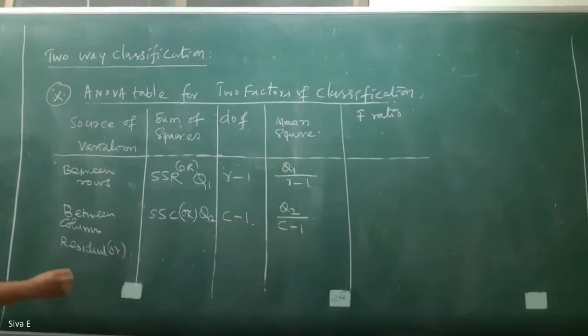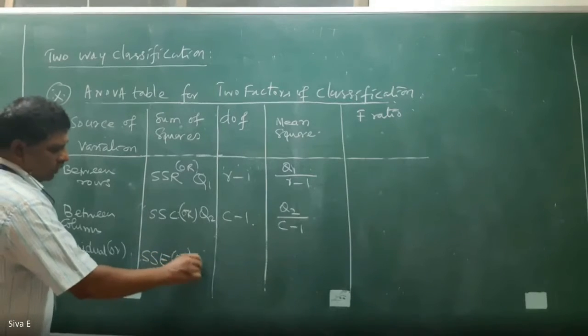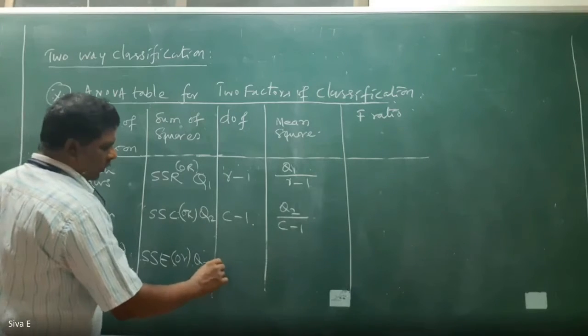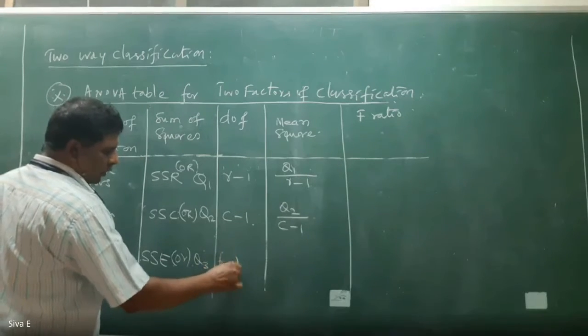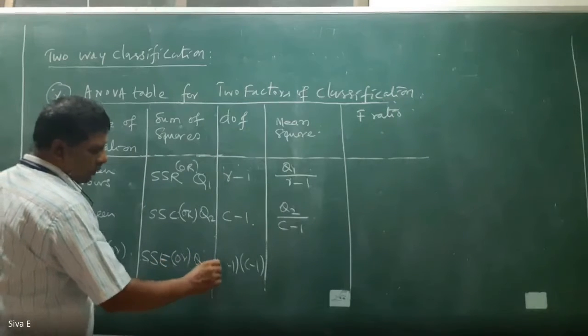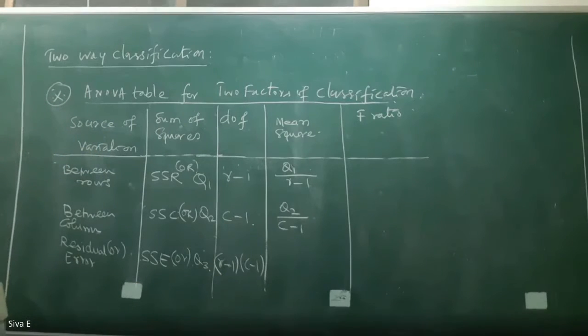Next, error (residual) is denoted by SSE or Q3. The degrees of freedom is (R minus 1) into (C minus 1).